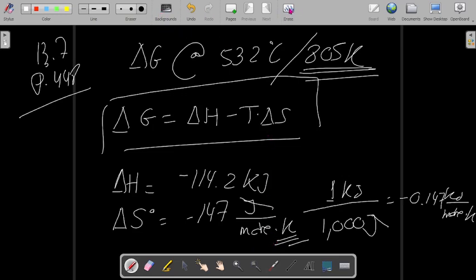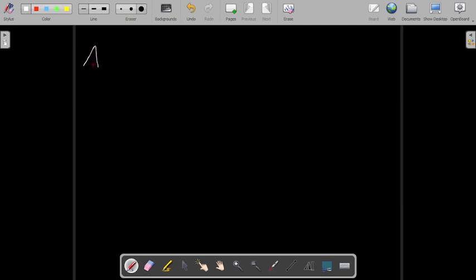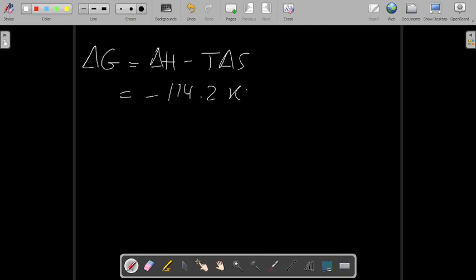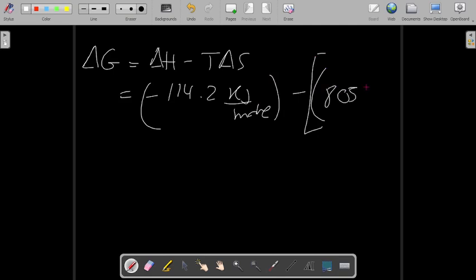Let me erase these now that we have seen this section. So the change in Gibbs free energy equals, I'm gonna write it again, minus 114.2 kilojoules per mole, great, minus the temperature, I'm going to put brackets, 805 Kelvin, that's multiplying, we just changed this into kilojoules, minus 0.147 kilojoules per mole per Kelvin.